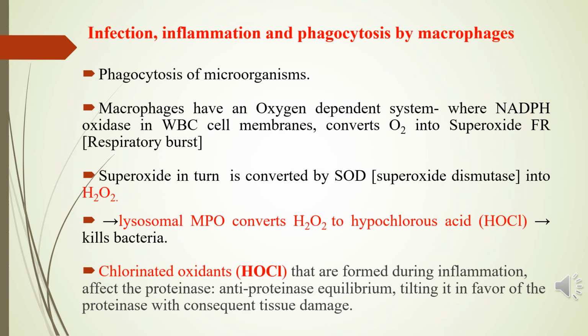The increased amounts of these chlorinated oxidants such as hypochlorous acid that result during infection and inflammation also affect the protease antiproteinase equilibrium. So this tilts the balance in favor of the proteinase with consequent tissue damage.